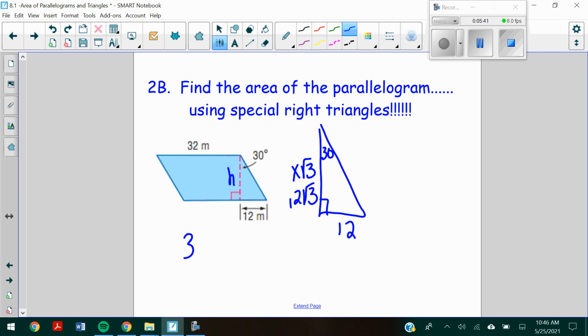So I'm going to take my base times my height. Again, just multiply your numbers in front, the one that's in front of the radical. So 32 times 12 gives us 384 times the square root of 3. So you may have thought that those would have gone away, but they didn't.